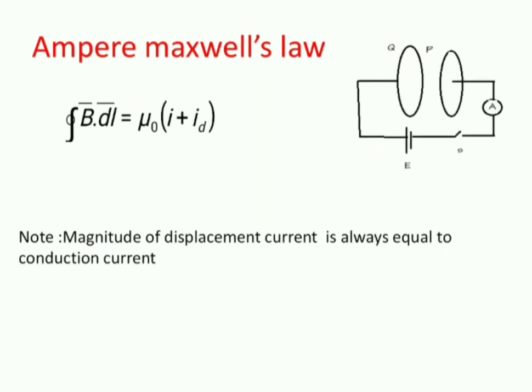If you apply Ampere's law at P, we have only displacement current. So between the plates of capacitor, conduction current is absent, displacement current is present. Outside the plates of capacitor, we have conduction current but not the displacement current. And in general, magnitude of displacement current is always equal to conduction current.